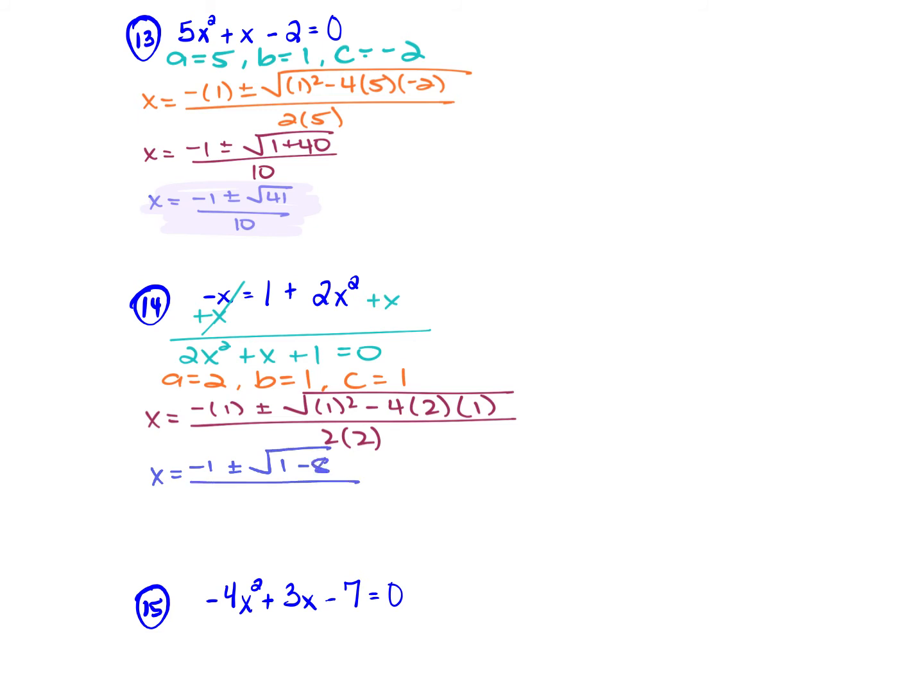All over 2 times 2 is 4. This simplifies to be negative 1 plus or minus the square root of negative 7 all over 4. You cannot leave a negative under the radical. So you have to turn that into a positive and bring out an i. So this is going to give you an answer of negative 1 plus or minus i square root 7 all over 4.